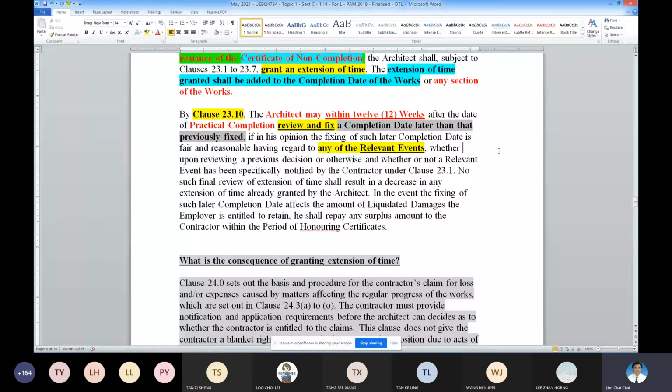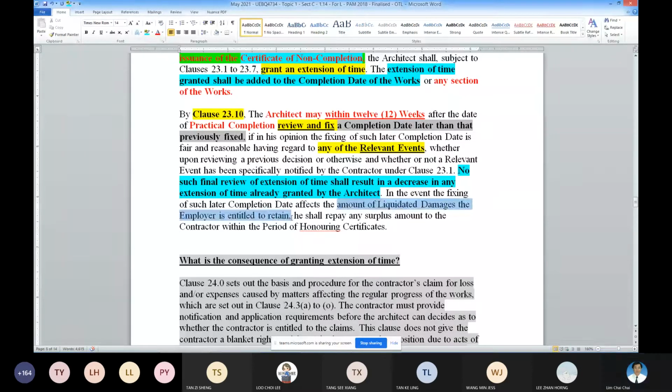As usual, no final review can reduce the extension of time already confirmed. Repeat, whatever review under 23(10) can go positive, can never go negative, like the earlier principle. So what is the significance of this exercise? It means the amount of LD entitled to be retained could be reduced, because any over-retention or deduction has to be returned to the contractor.